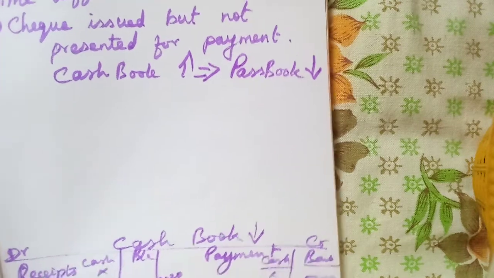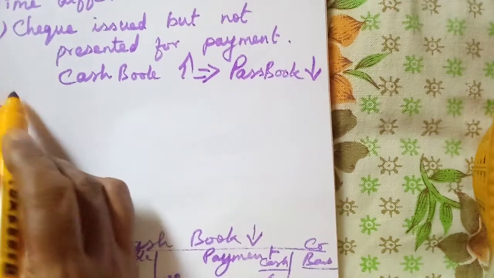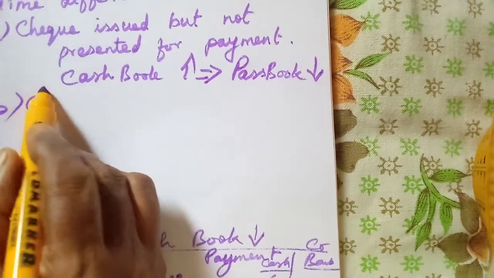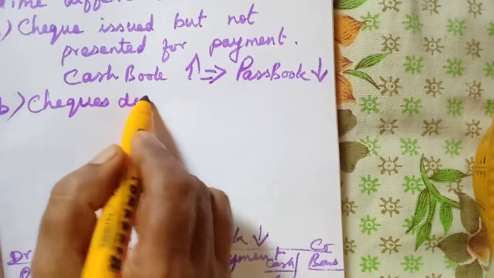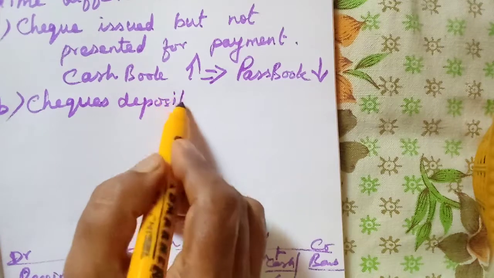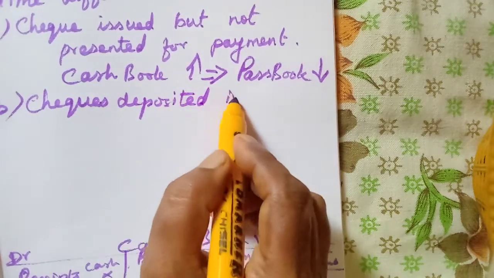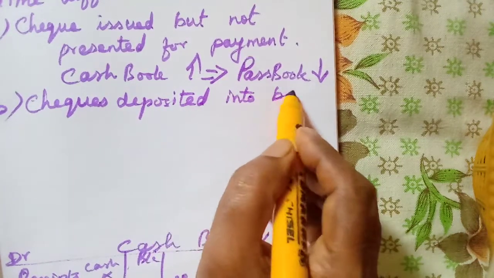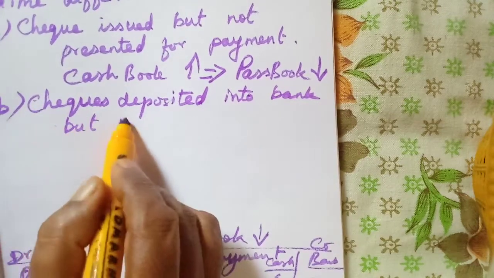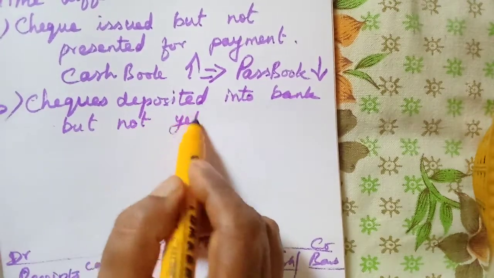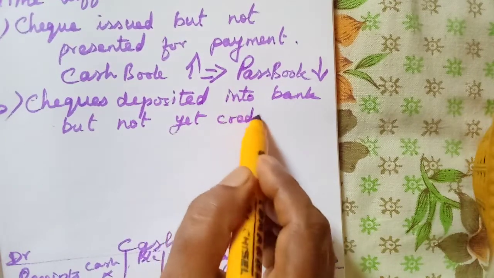Okay, now the second one I will explain. Check deposited, just opposite of this one. Checks deposited into bank but not yet credited. You should understand the meaning.